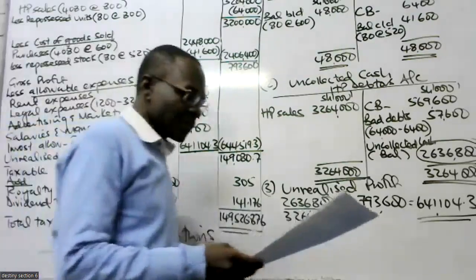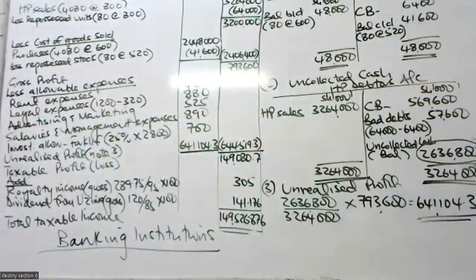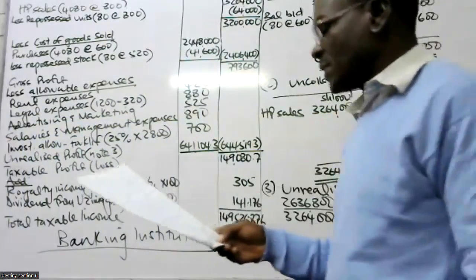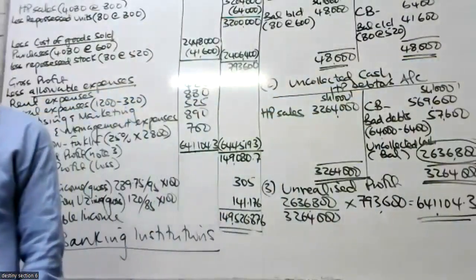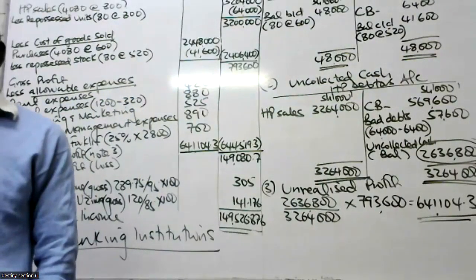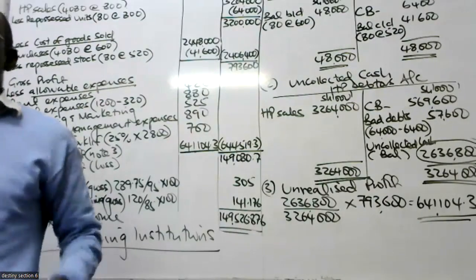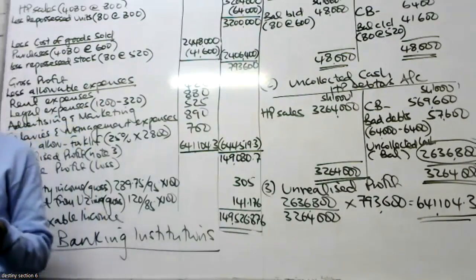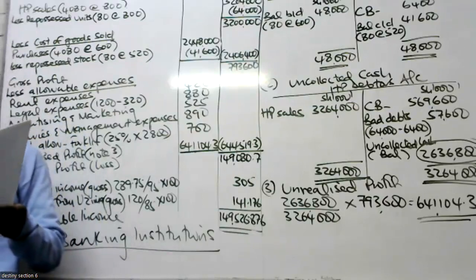Then D, rebate on bills discounted, or unexpired discounts.